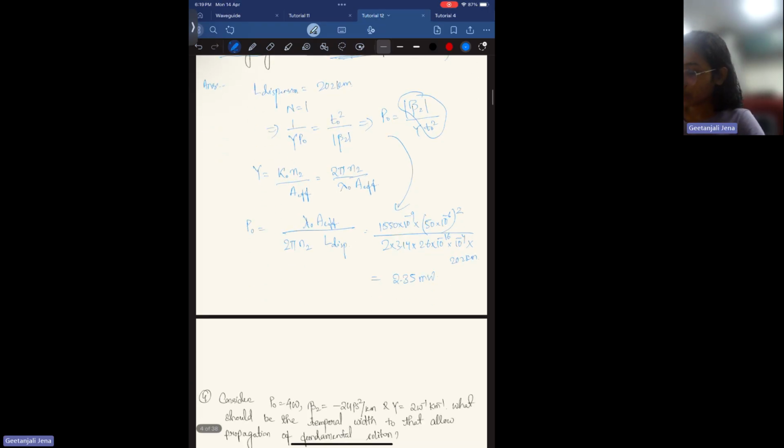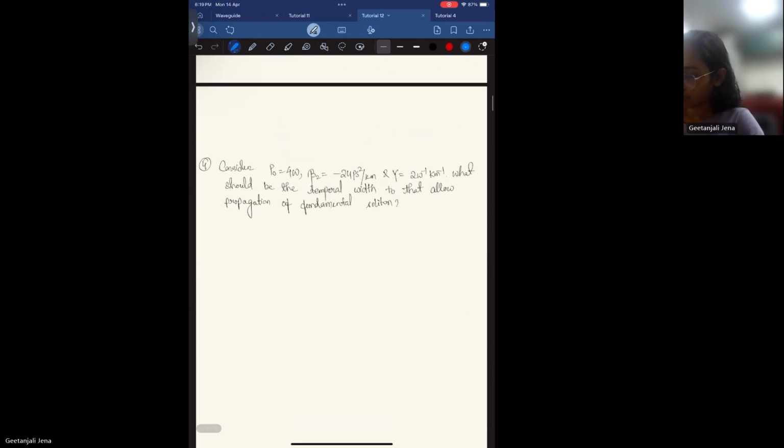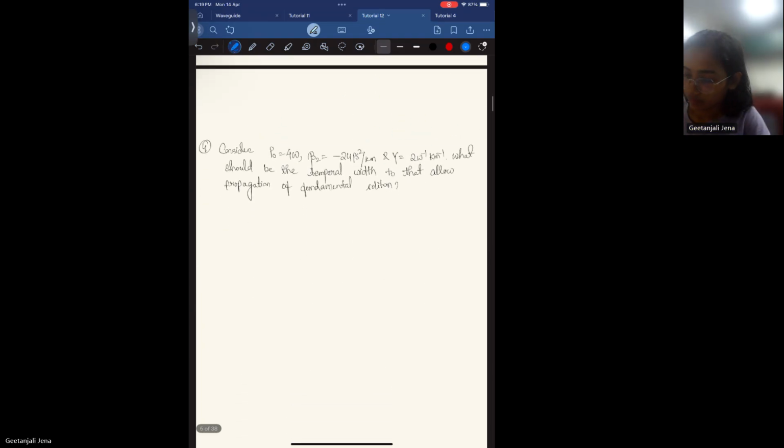Okay, so let us move to our next problem, which is also quite an easy one. Some of the parameters are given and we need to find the unknown parameter.